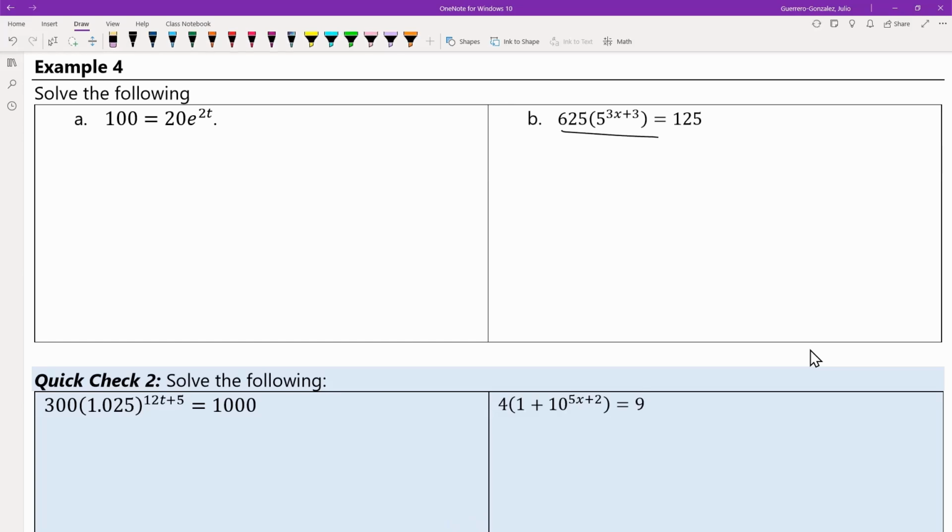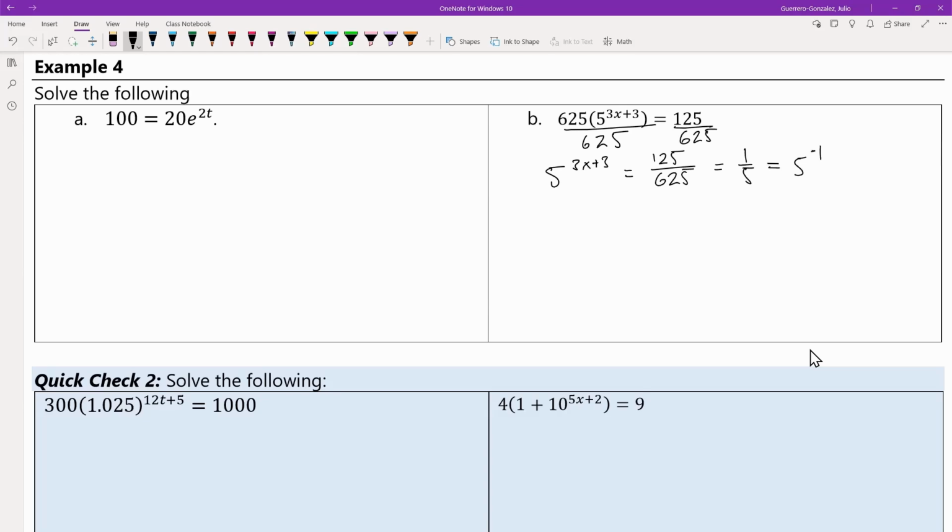I'm going to be dividing by the 625, okay? 625 divided by 625. 5 to the 3x plus 3 is equal to 125 divided by 625. If you reduce this, this is equal to 1/5, okay? And that 1/5, you can also write it as 5 to the negative 1, okay?